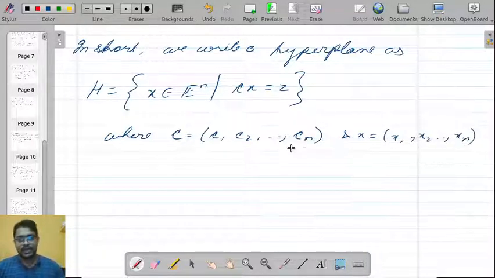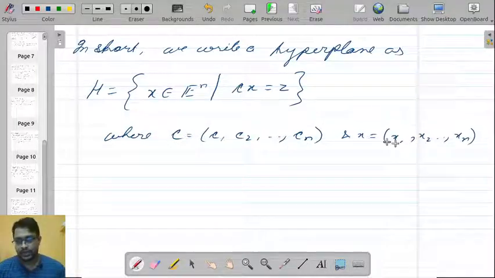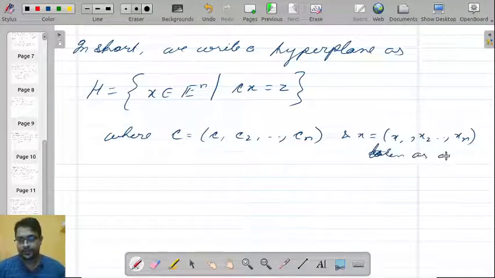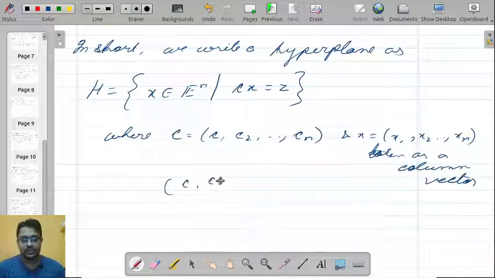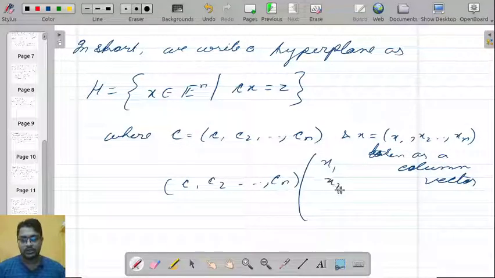Here cx is actually their product, taking x as a column vector. In that case we can multiply, it's just matrix multiplication: the row (c1, c2, up to cn) multiplied with the column (x1, x2, up to xn).